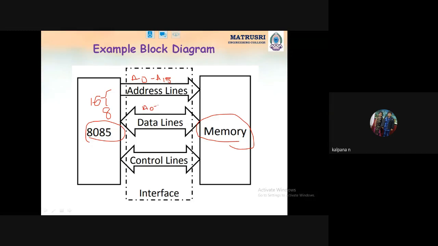Recall the pin diagram of the 8085. A0 to A7 address lines are multiplexed with D0 to D7, that is AD0 to AD7.